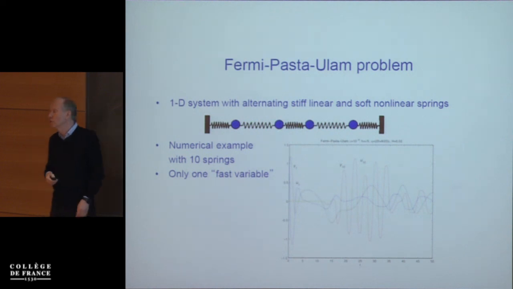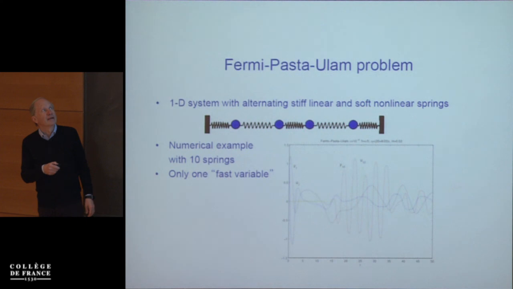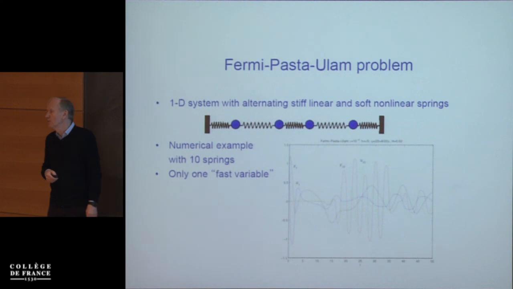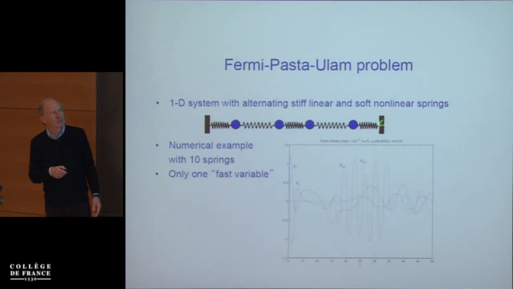And they originally wanted to show that you get an evenly distributed, ergodic distribution. So if you kick one of these and it starts to oscillate, then with time it will spread out to all of them, but it didn't. They did calculations, and it happened that the energy moves around between the different springs over here.